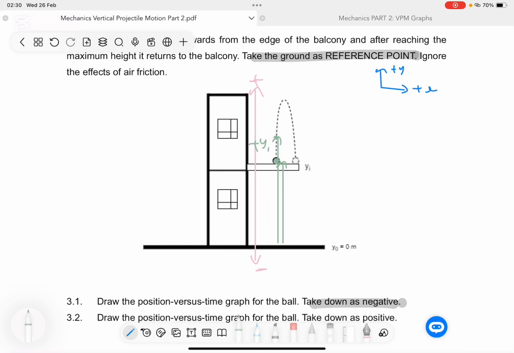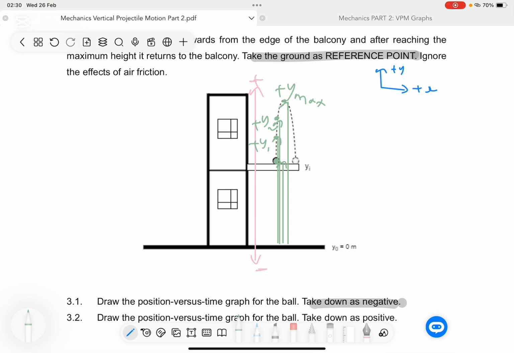The ball will continue to increase its height to go to some height there, and if we measure that vector, we'll measure it from 0 and we'll go to that height there, so that now I have y2, which is also positive because it is above the reference frame. It is above the origin, the reference point, which is in the positive direction. Eventually it will reach the maximum height where we'll measure it from 0 going to that direction. And now here we're going to have y max, which is also positive.